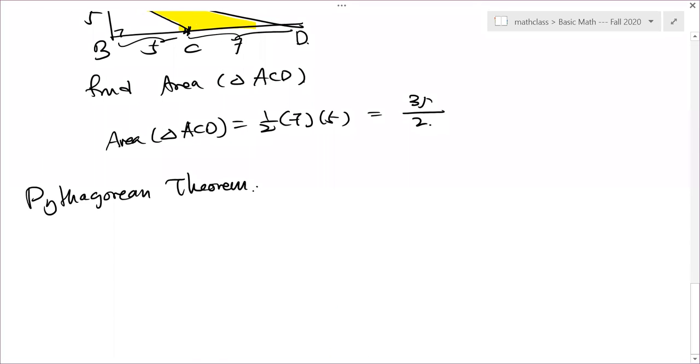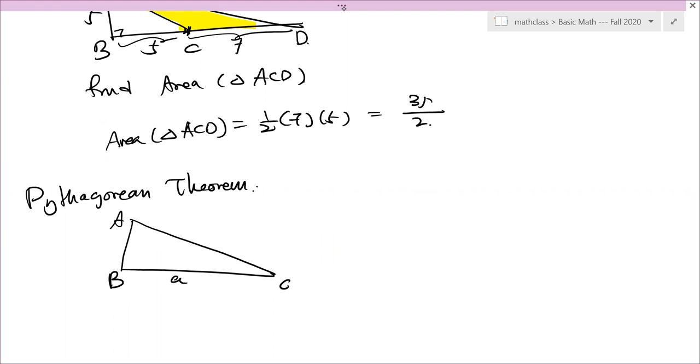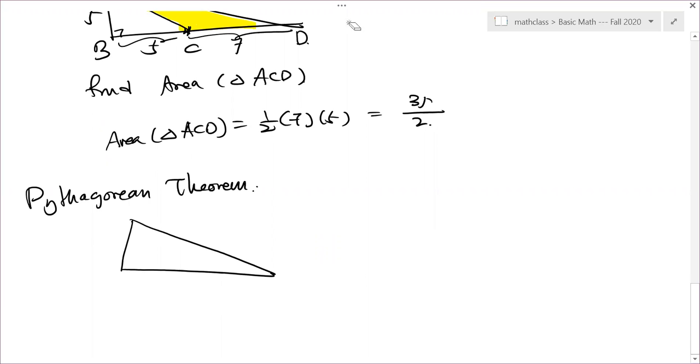Okay, so the theorem says that if we have A, B, C, I'm going to use different letters. And this is A, that's B, and that's C.